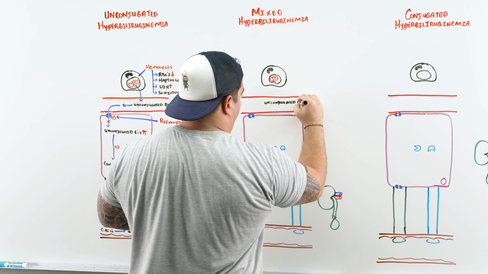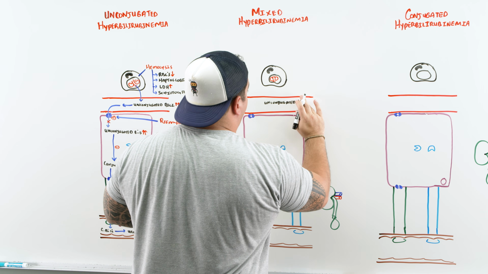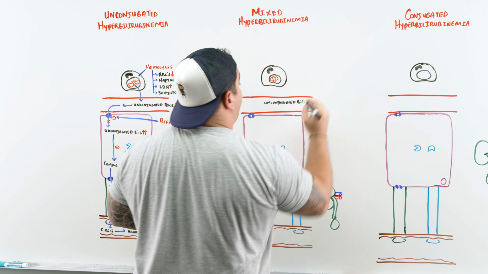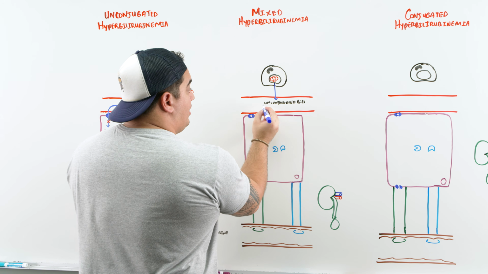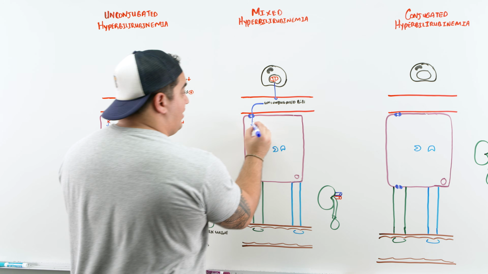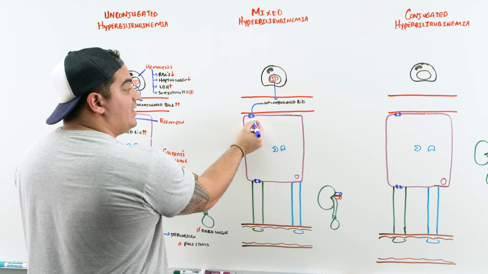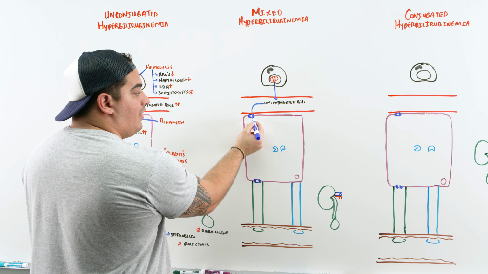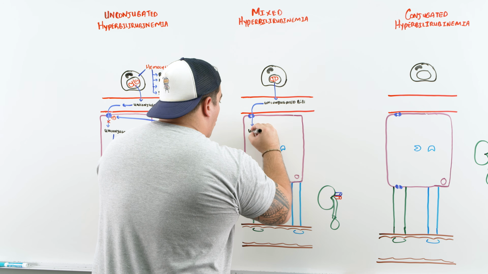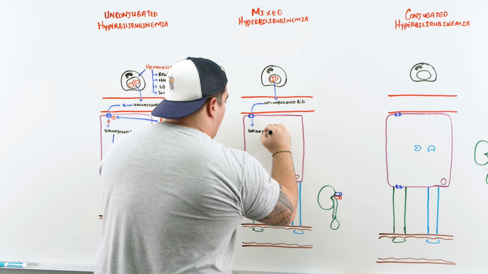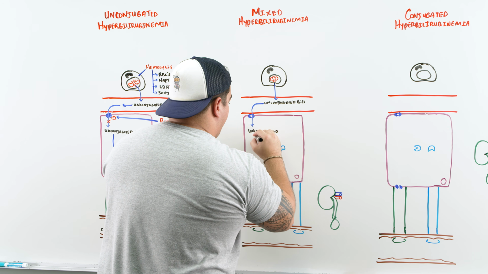Now, you're not producing an excessive amount than you usually do in this scenario because there's no hemolysis. Unconjugated bili is still getting taken into the liver cells because there's no transport dysfunction here. When it gets taken into the liver cells, you're going to have a normal amount of unconjugated bili.